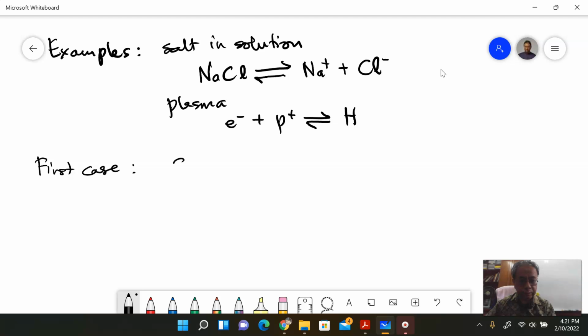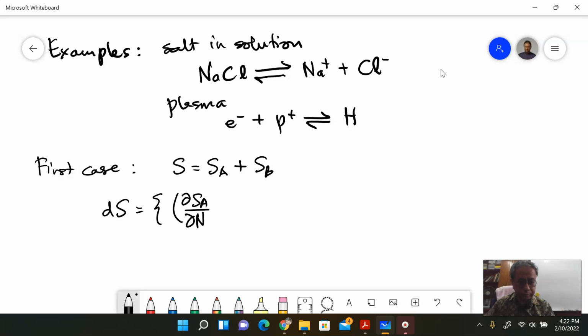One looks at the total entropy to be given by entropy of A plus entropy of B. If there are any changes, one could write this as dS equals partial S_A over partial N_A times dN_A plus partial S_B over partial N_B times dN_B.